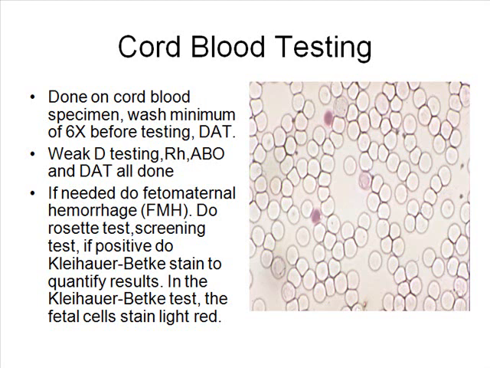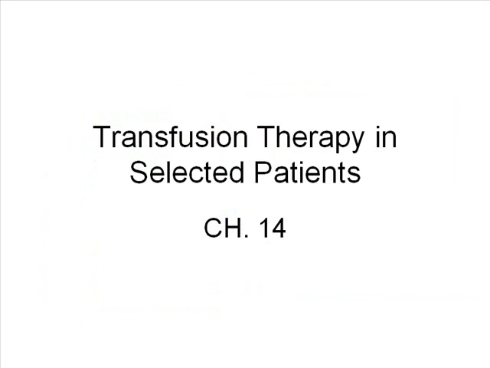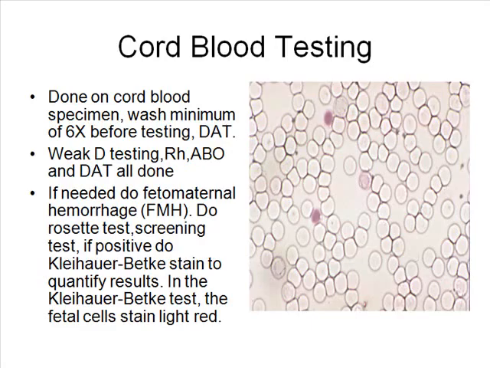So, for instance, if you have 16 fetal cells per 1,000, that's 1.6%. You take 1.6%, multiply it by 50. That gives you 80 mLs of Rh positive fetal blood.